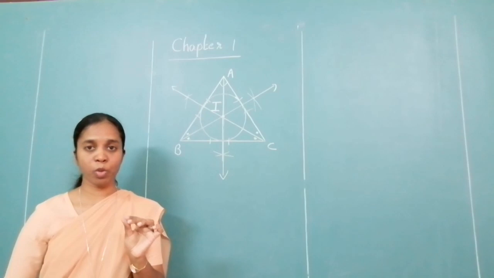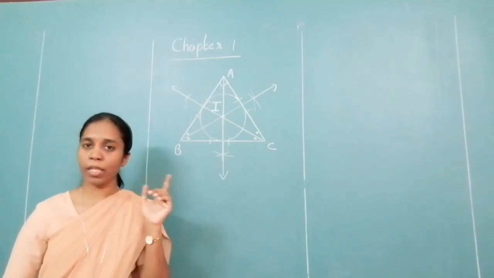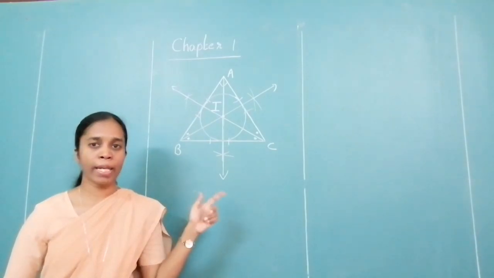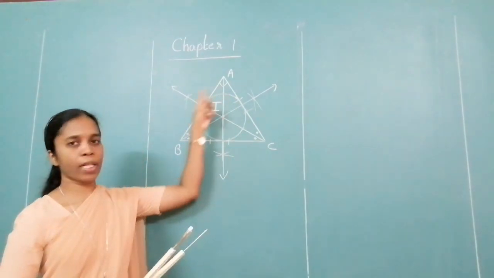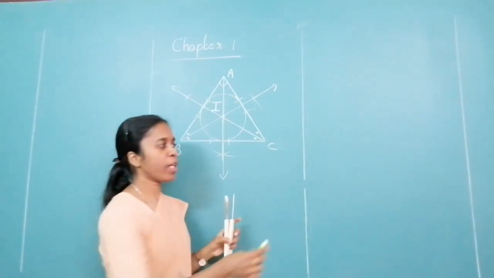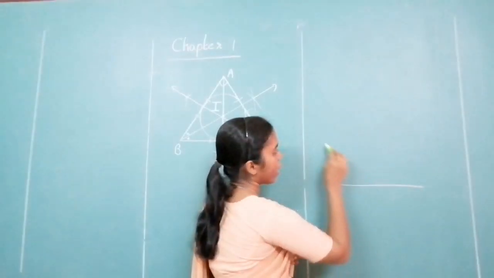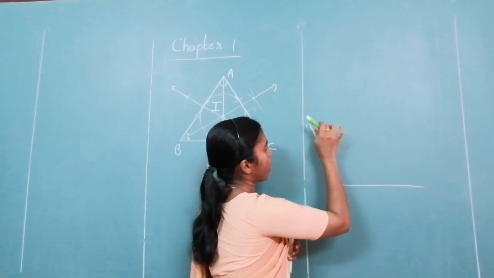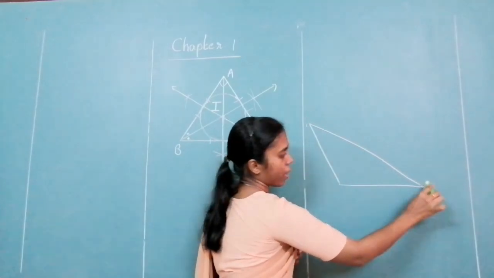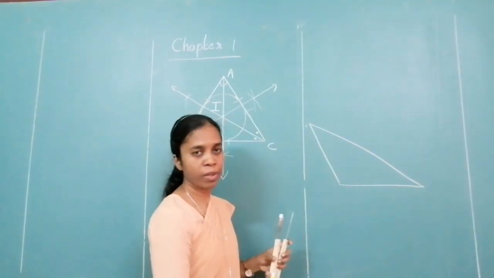So you should remember the moment you hear incircle, incenter, and who gives them? Angle bisectors. This was an acute angle triangle. Similarly, you can draw an obtuse angle triangle. Give any name for it.